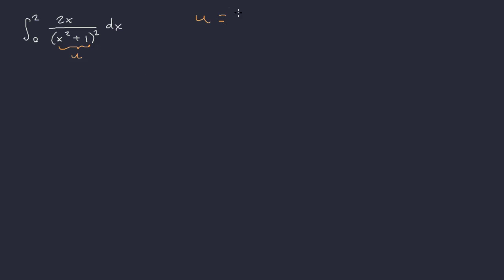So we're going to let u be x squared plus 1. So then du will be 2x dx. And we have that exactly here, 2x dx. So this we could just translate straight to du, or you could divide by 2x on both sides and cancel. But since I see that exactly, I'm just going to translate it over.